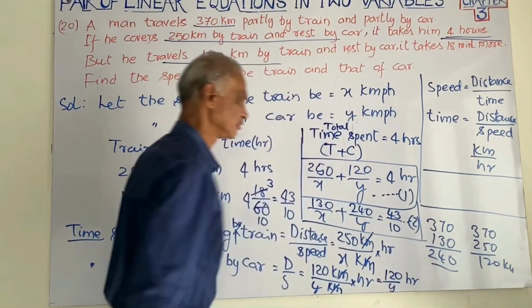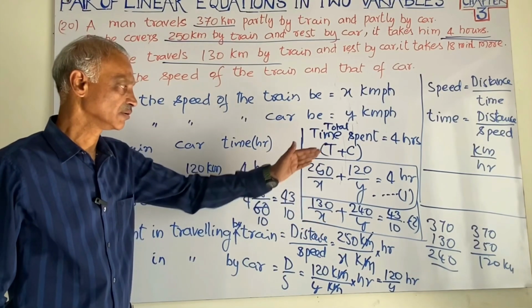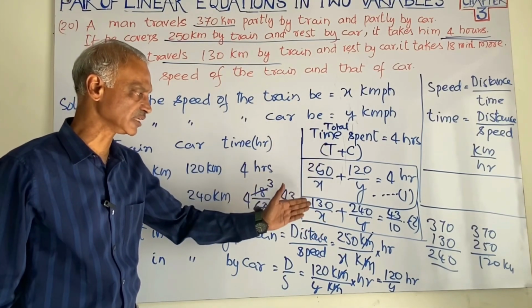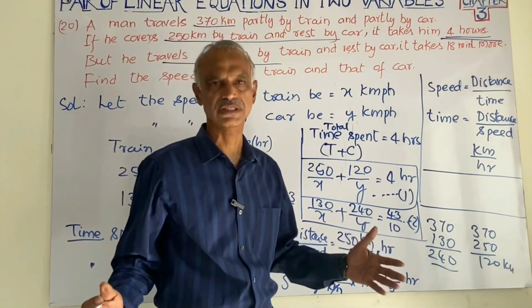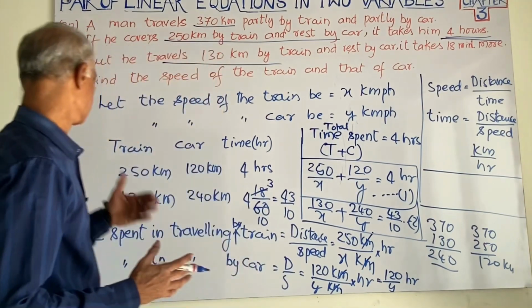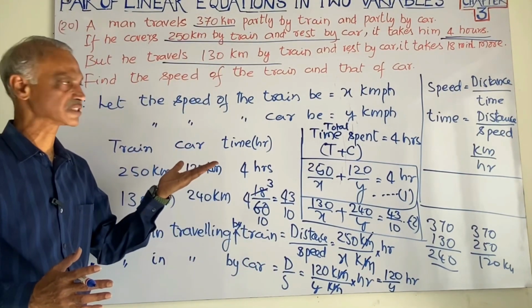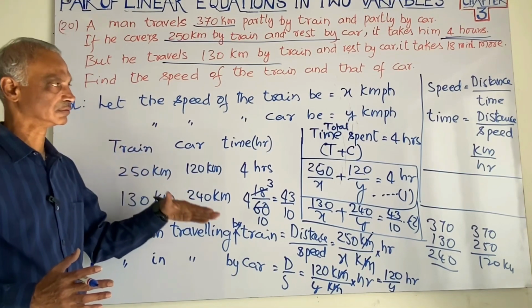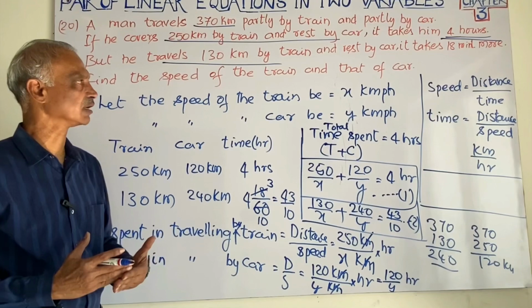This is equation 2. We have a pair of linear equations. You have to reduce these into another pair of linear equations and find the values of x and y. You will get the speed of the train in kilometers per hour and the speed of the car in kilometers per hour.